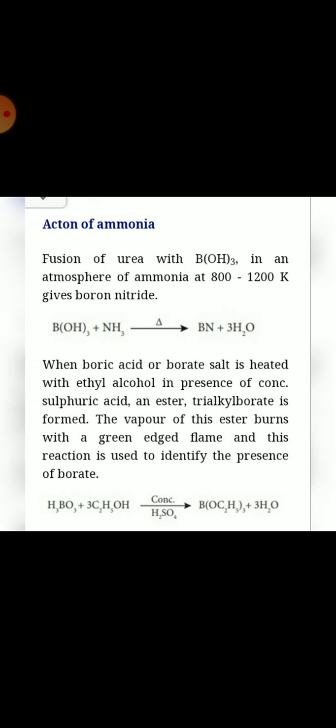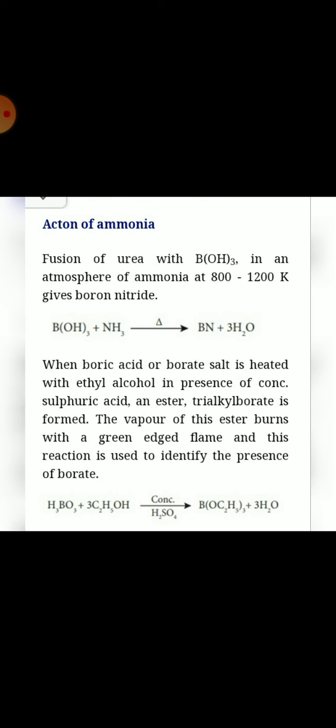Action of ammonia: fusion of urea with boric acid in an atmosphere of ammonia at 800 to 1200 Kelvin gives boron nitride. So boric acid reacts with ammonia in fusion of urea to form boron nitride and release water molecules.